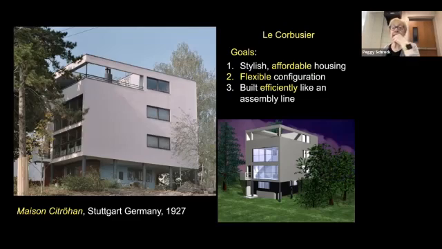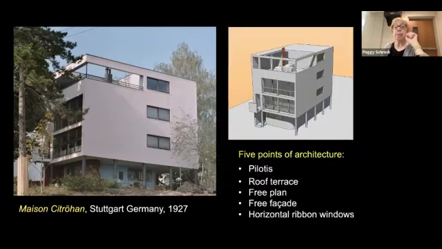And they have certain characteristics that will allow you to sort of personalize them. And this is one of them that was built in Stuttgart. I love the little model of it. First of all, it has what he calls his 5 points of architecture. These are 5 things that should be in every building. The pilotis, which lift it up off the ground and open it up.